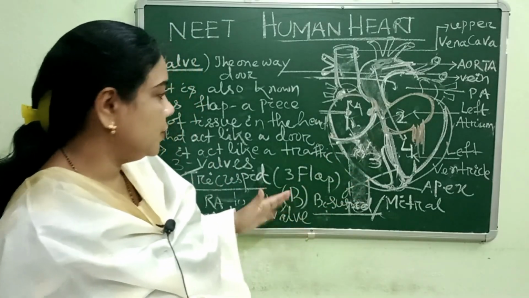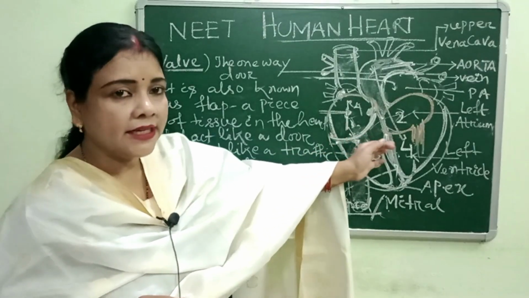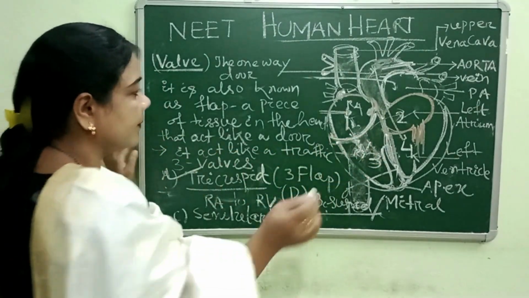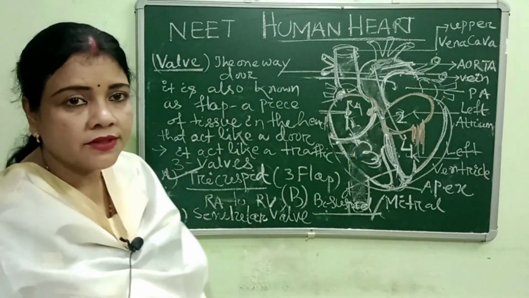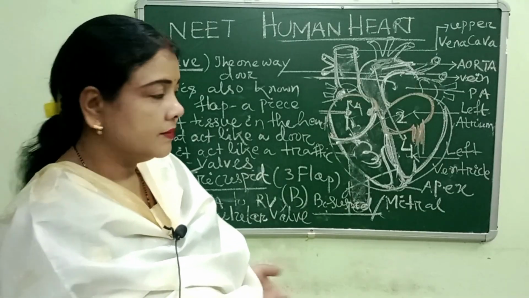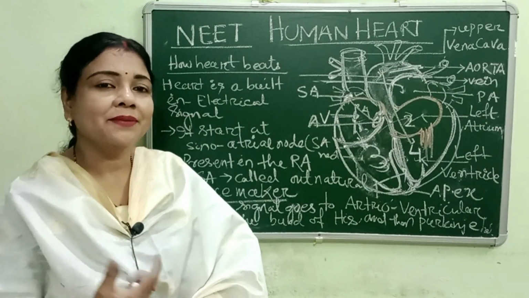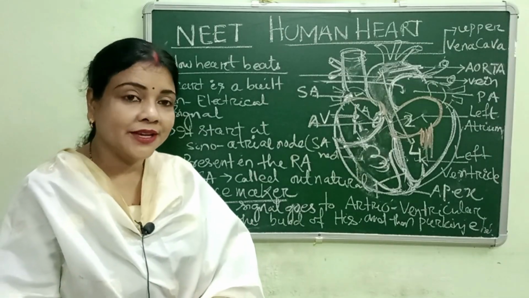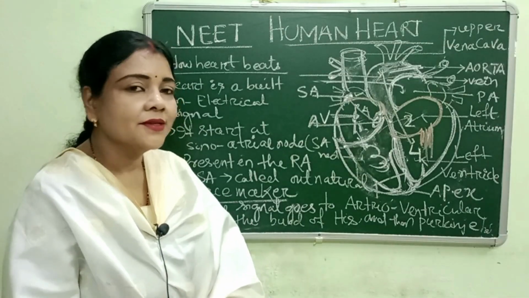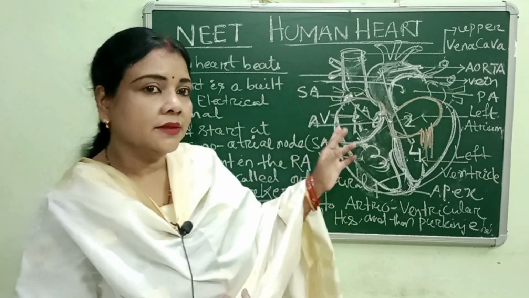Okay, so now you know the basic structure. Then we will go into how rhythms are created. How does our heart beat, where does it come from, how does it happen? So let us discuss how our heart beats. You might have heard about the pacemaker. There is a natural pacemaker inside our heart.